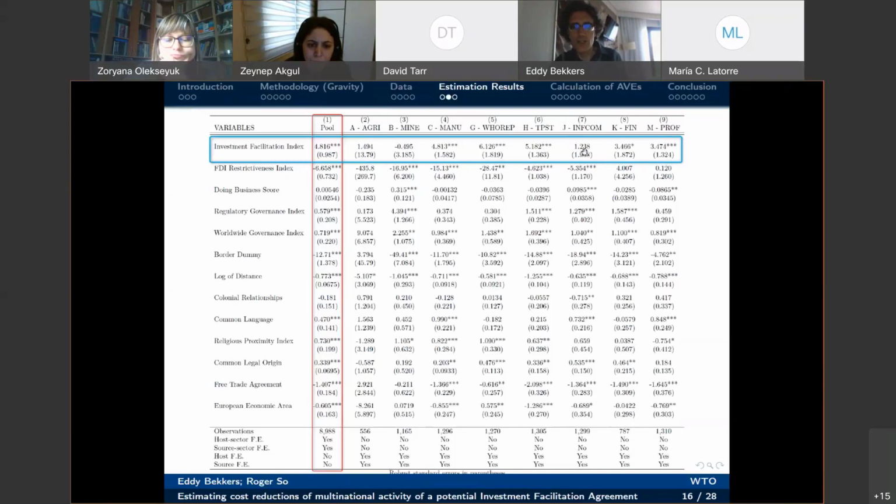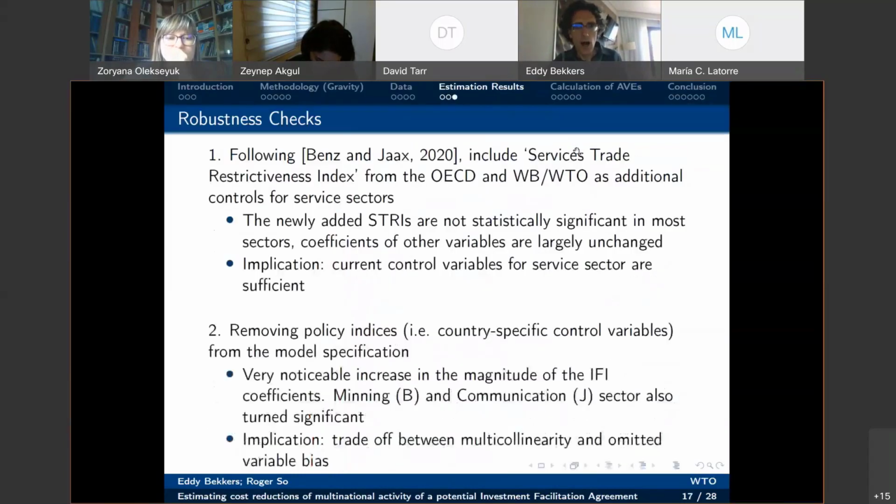For information and telecommunication, results are not significant when it comes to investment facilitation. If you ask us why, it is going to be relatively complicated to pinpoint why telecommunications, for example, is not significant.